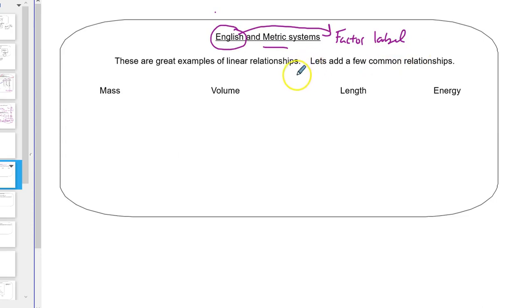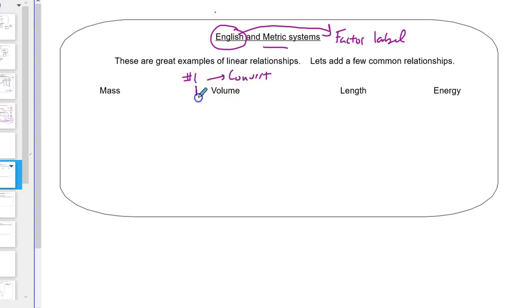So we're just looking to practice once again setting up our relationships, and of course converting a mass to pounds or a volume to whatever. This isn't our number one goal. Our number one goal is not simply to convert one unit to another one.